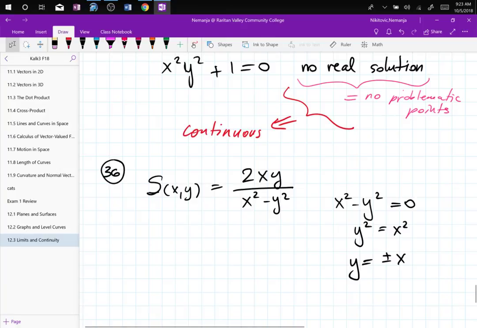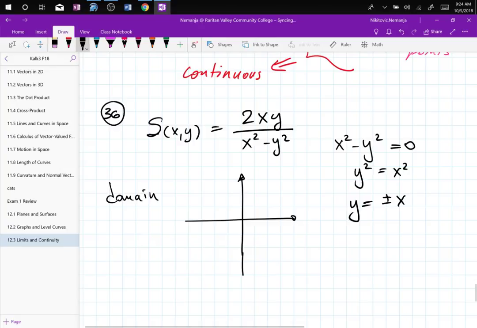So now, when we have this, if I draw a domain, which is our standard xy plane, I get to draw these two. I'll put them red. So we are looking from the bird's eye perspective. So continuity is lost on these walls.